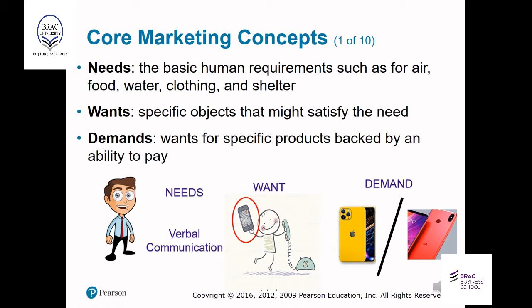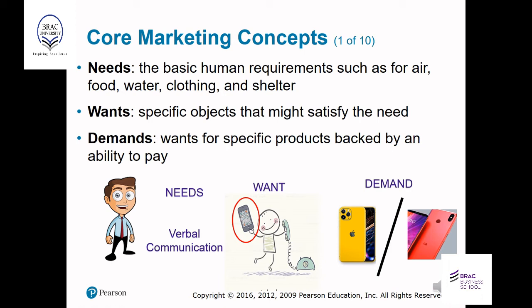Which device is now very acceptable to us? It could be a land phone, it could be a cell phone. Because of the portability, we are accepting the cell phone rather than the land phone. So consider that this person is considering a cell phone, that is his want.